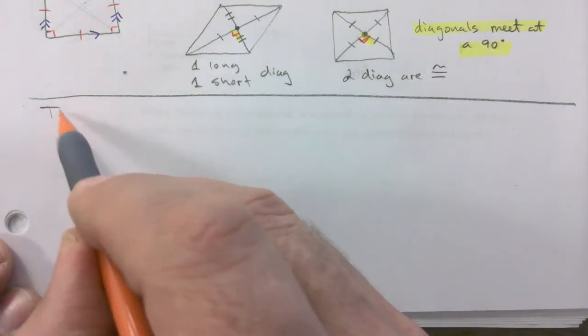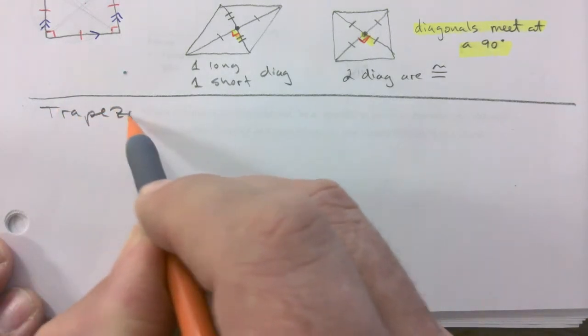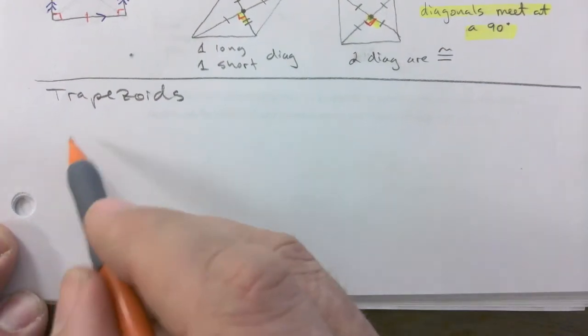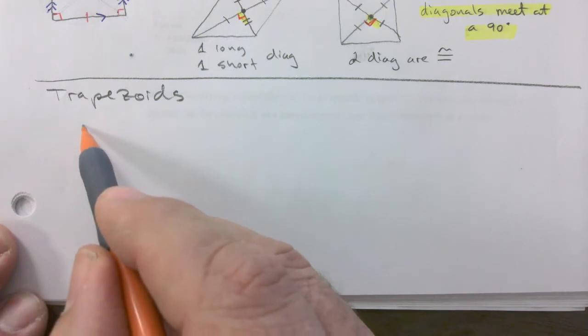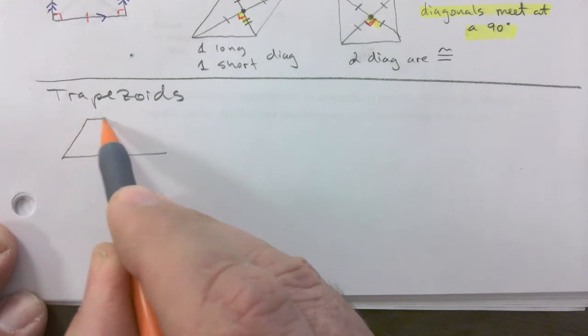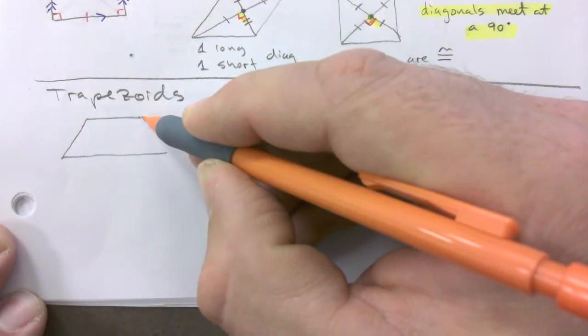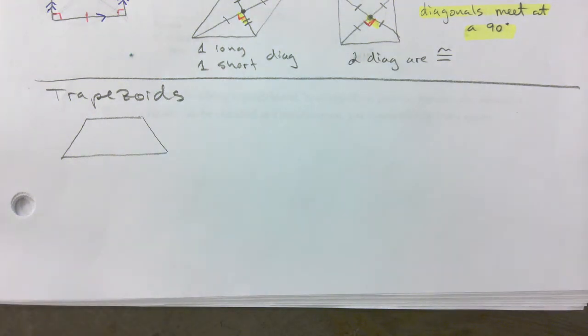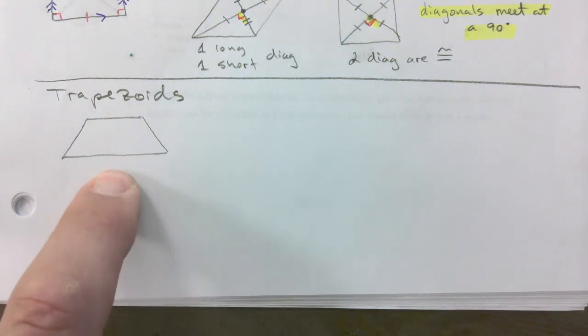So trapezoids, and the trapezoid family, we are only going to study two of them. One looks like this. It's basically the base of a triangle. If you cut off the base of a triangle, you end up with this.